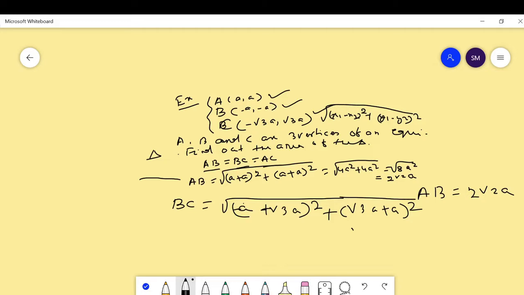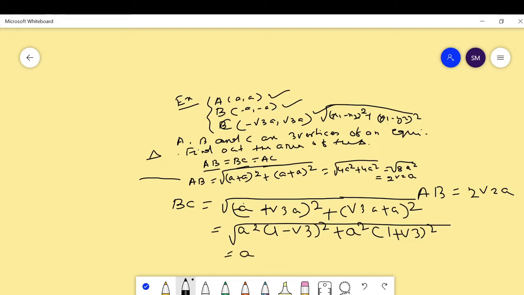taking a square common, this is (1 minus root 3) whole square plus (1 plus root 3) whole square under the root.